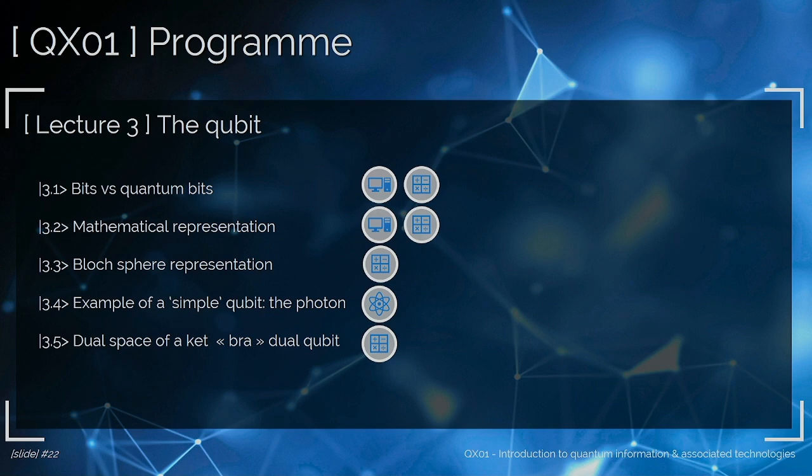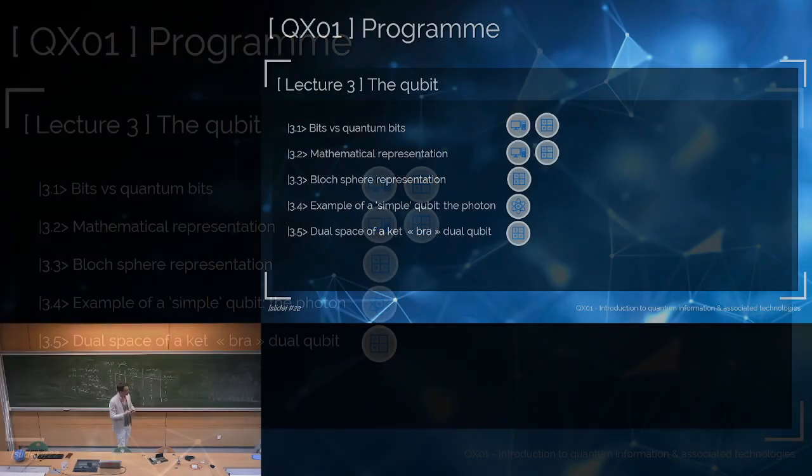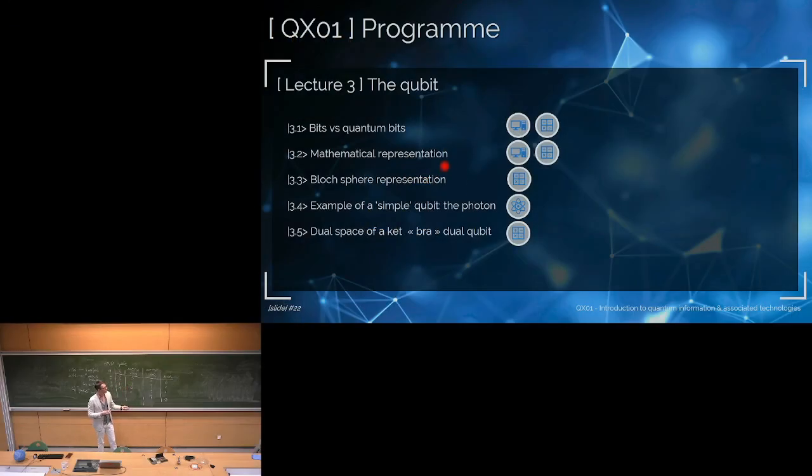For this lecture, we will cover a bit of computer science issues, but a lot of math, and also some physics. In particular, first of all, we will start by comparing bits and quantum bits. We've already started, but now we will mathematically explain and write down the differences.